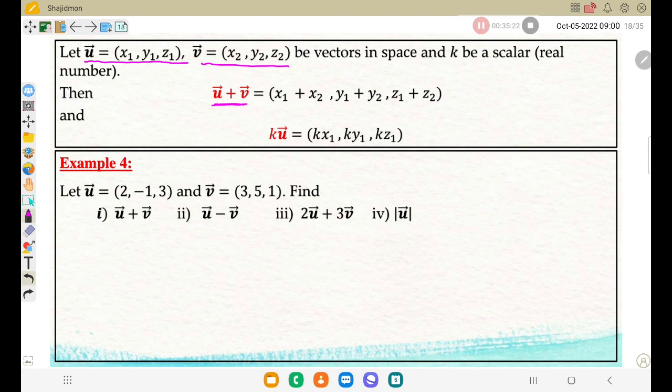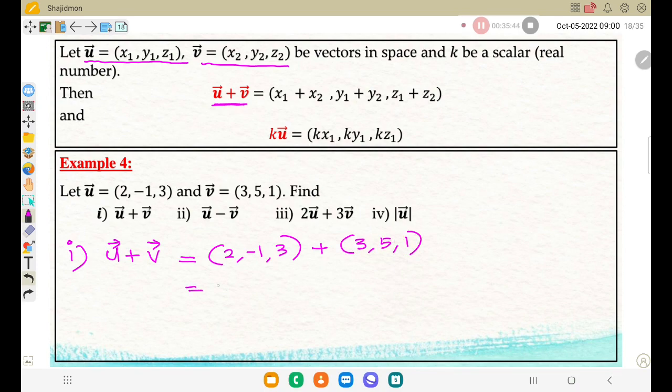We will go to one example. For example, vector u equals 2, minus 1, 3. Vector v equals 3, 5, 1. Find u plus v first. Vector u plus vector v equals, what is u? 2, minus 1, 3. Plus, what is vector v? 3, 5 and 1.